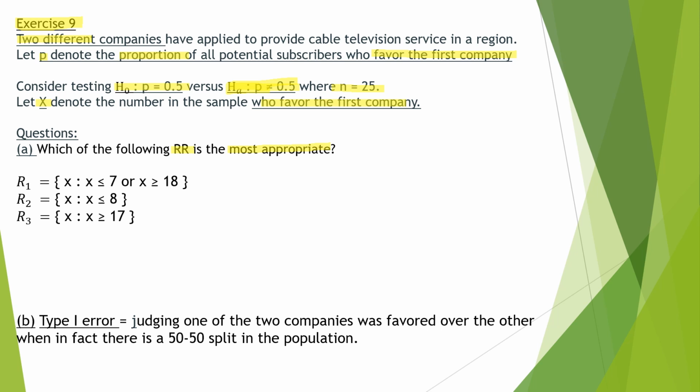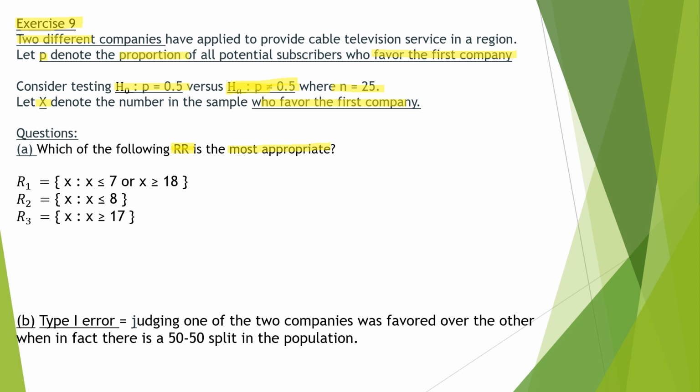Now when they ask you to find the most appropriate rejection region, what we need to do is find the rejection region which supports my alternative hypothesis. We know that to get 50% from 25, we can have 12.5, and 12.5 divided by 25 is 0.5. So we want to go away from that.